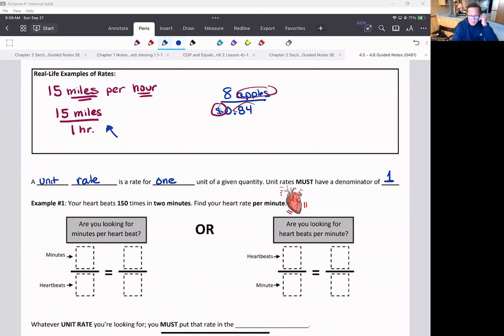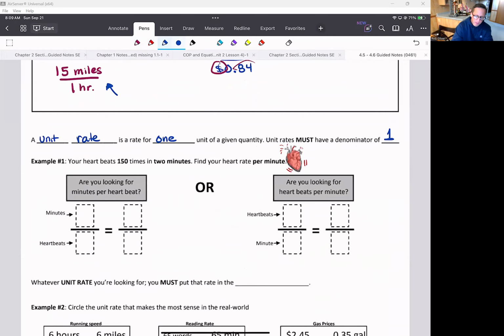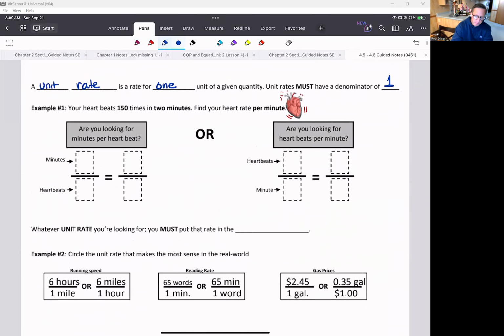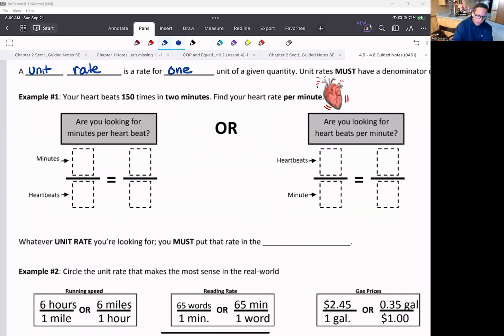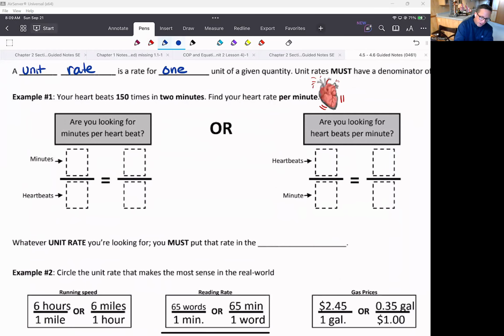For example, your heart beats 150 times in 2 minutes. Find your heart rate per minute. Let's just set that up. 150 times in 2 minutes, so you can just do this like that.